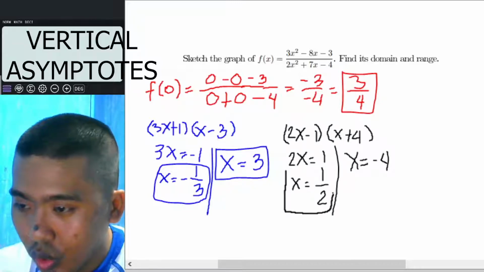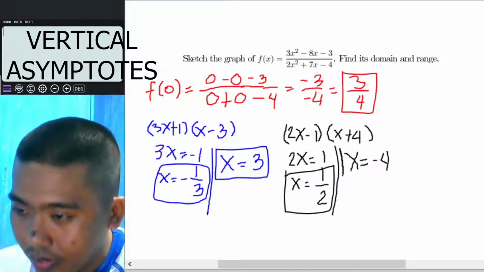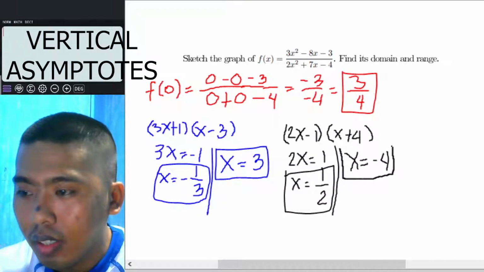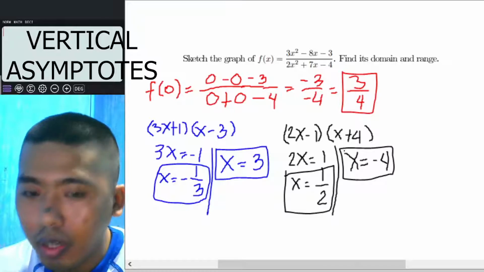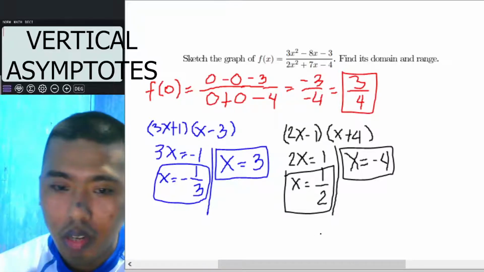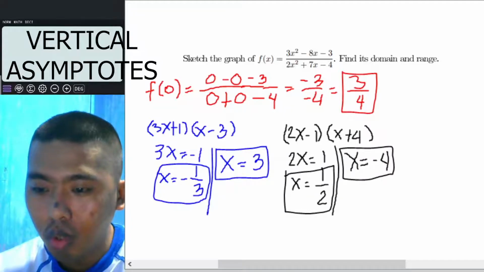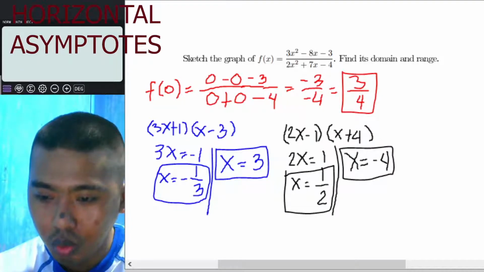Meaning these are the values of x that are not part of the solution set of this problem. Now we have the vertical asymptotes. Let's proceed to the horizontal asymptotes.